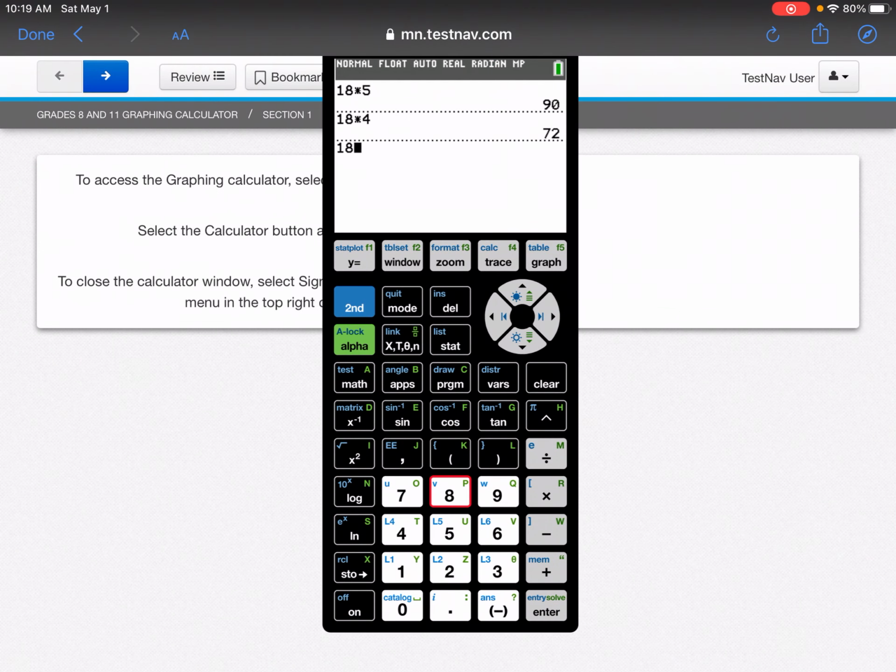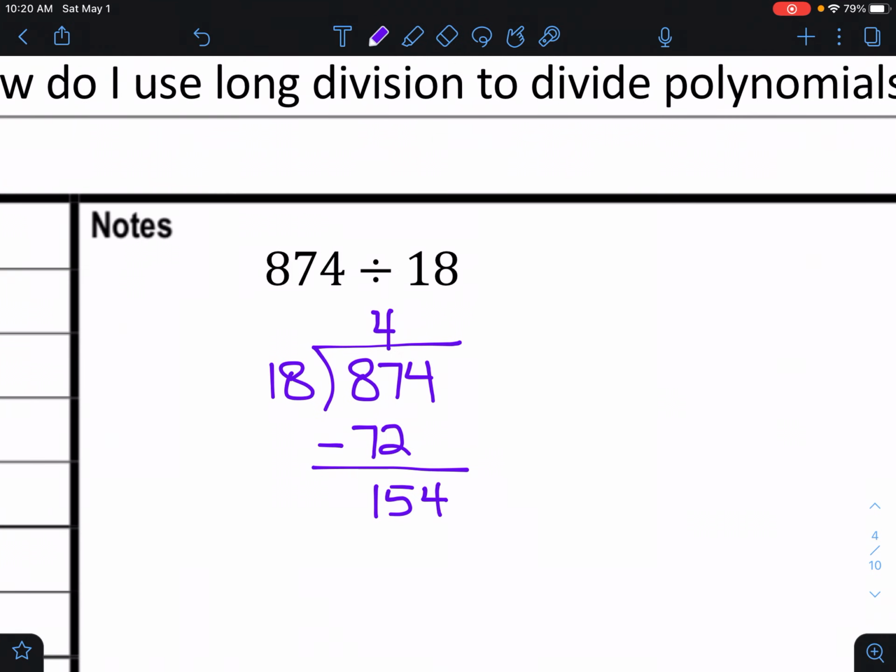Go 18 times 9. A little too big. 18 times 8, 144. So that'll work. It's going to be 8 then. And we go 8 times 18 was 144. And we subtract. And we had 10 left over.